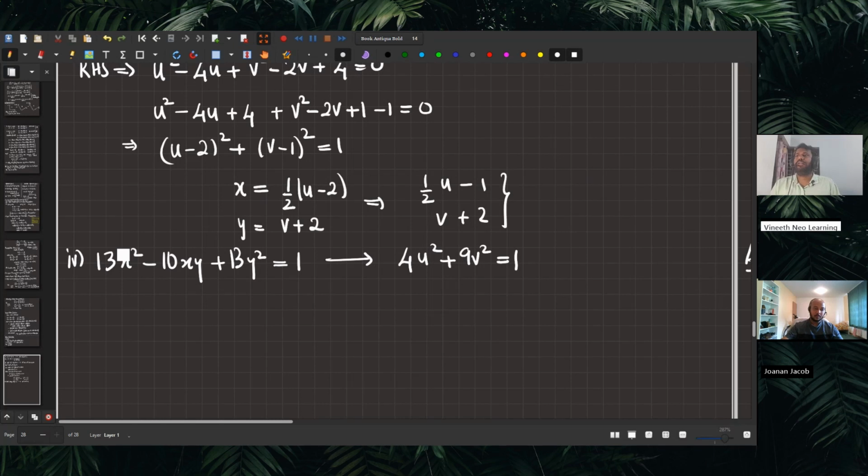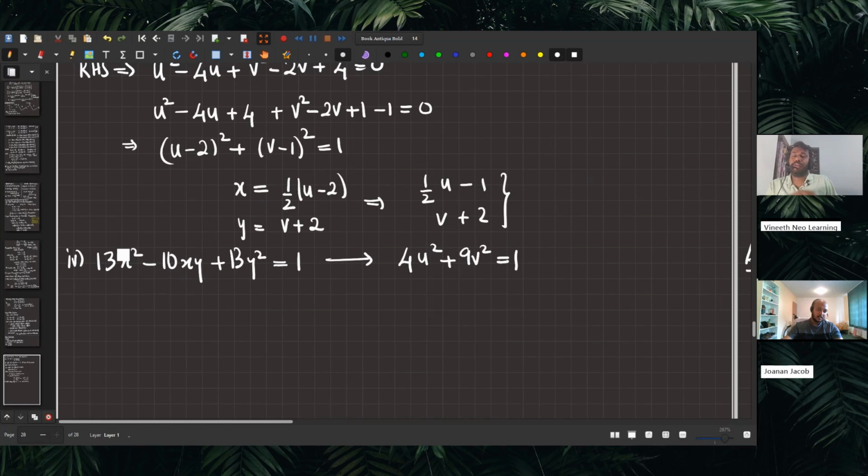Okay, have you written it? 13x square minus 10xy plus 13y square equal to 1. This is a bit more involved, I think, because the presence of this xy term makes the transformation complicated. But it can be done because both x square and y square have the same coefficients, right?